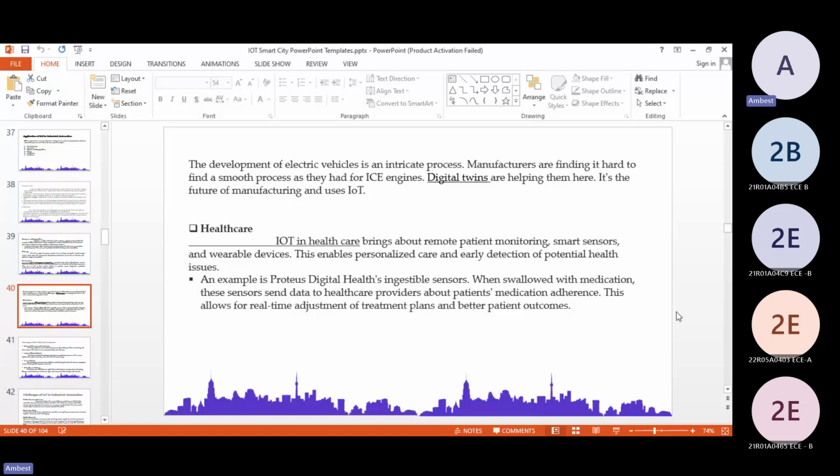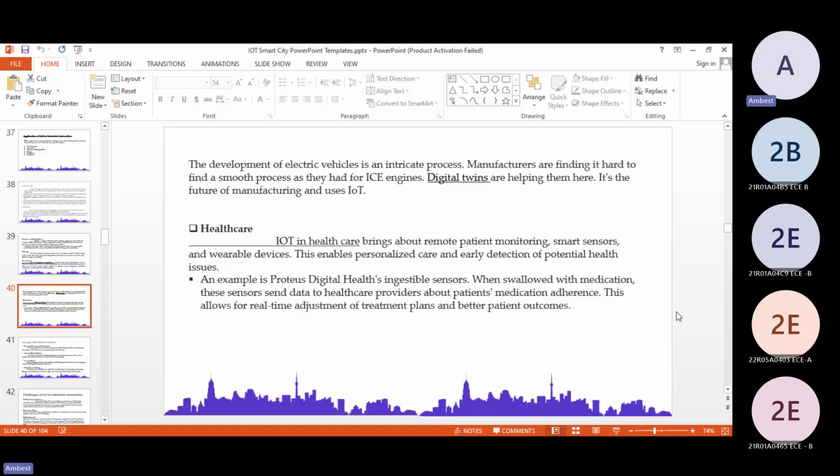So it is used to enable personal care and early detection of potential health issues. When they really require medications, these sensors send the data to our healthcare providers.